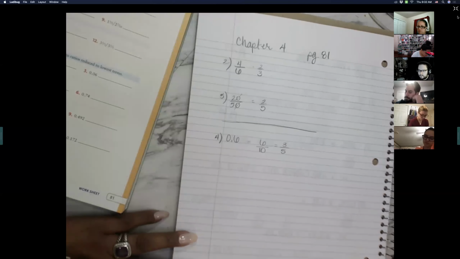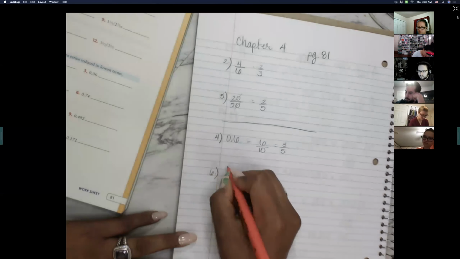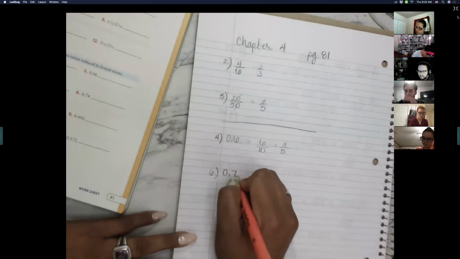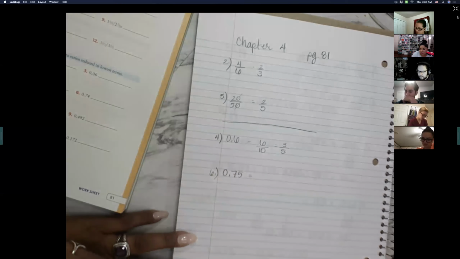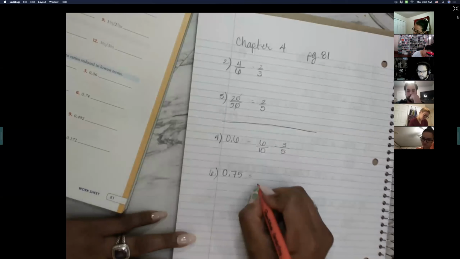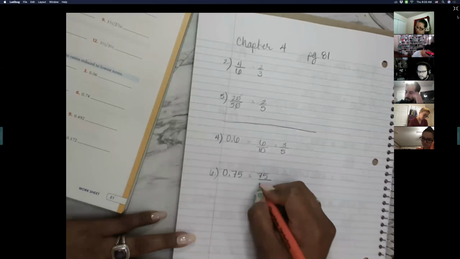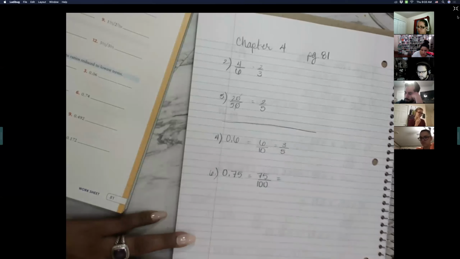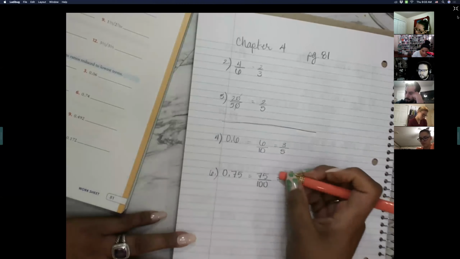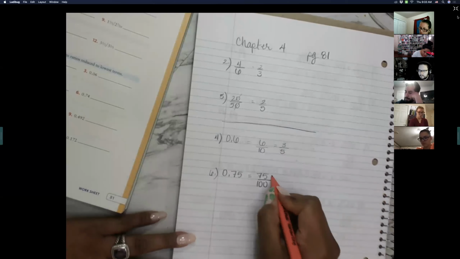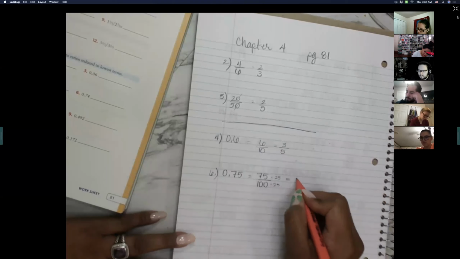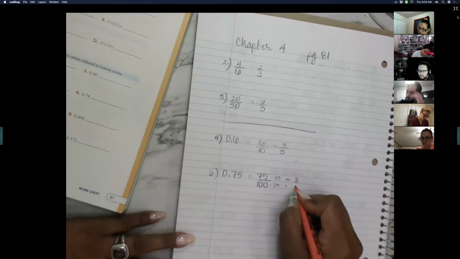I'm going to make up my own. It's close to number 6. Let's do 0.75. What's your fraction? It's going to be 75/100. Perfect. And then what's my reduced ratio? I can divide both of these numbers by 25. 75 divided by 25 gives me 3. 100 divided by 25 is 4.